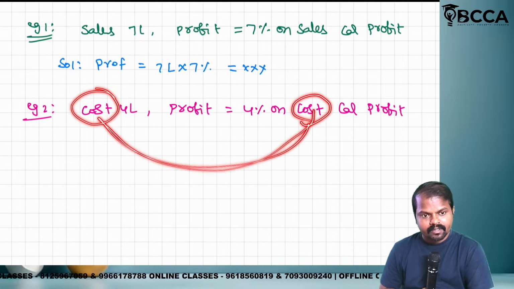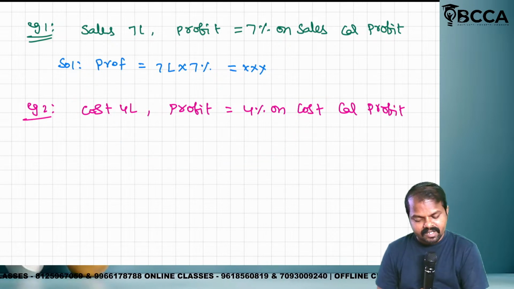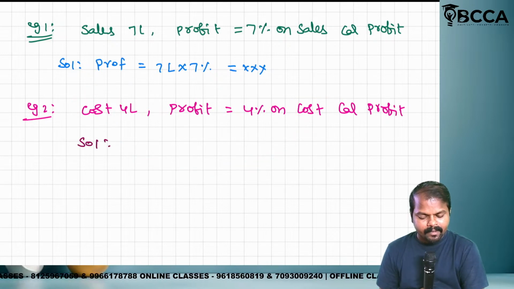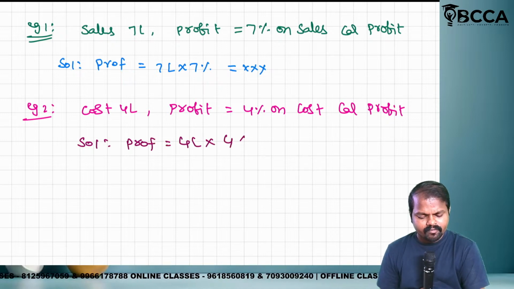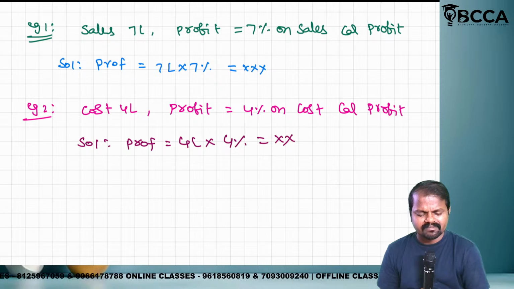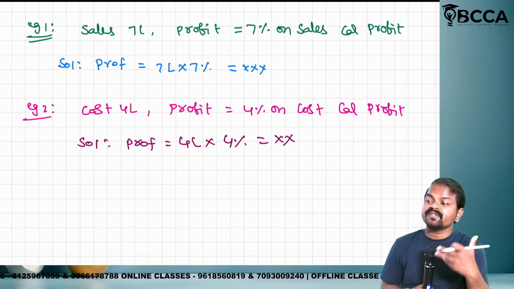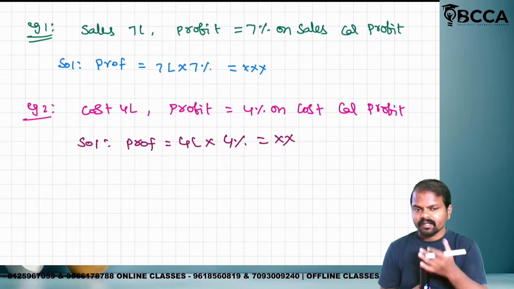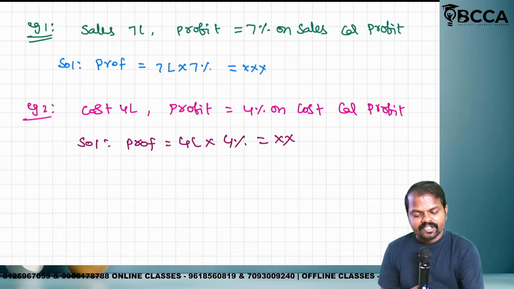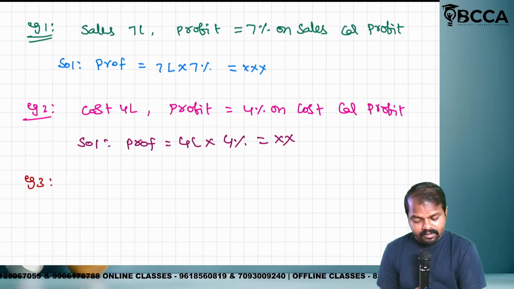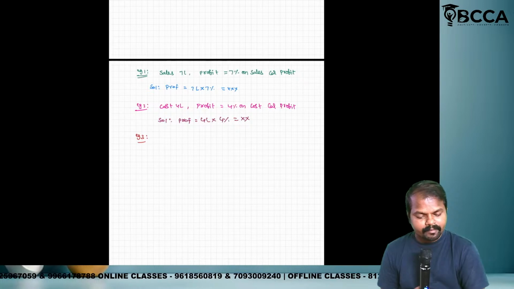Cost only. Matched or not matched? Solution will be profit is equal to 4 lakh into 4%. Some amount. Amount doesn't matter. Procedure is most important, how you calculated. Next, example number 3. Two is over, my dear friend.